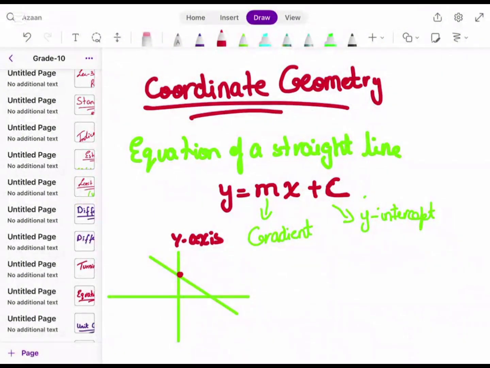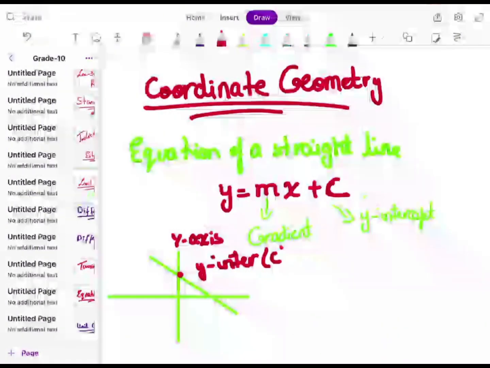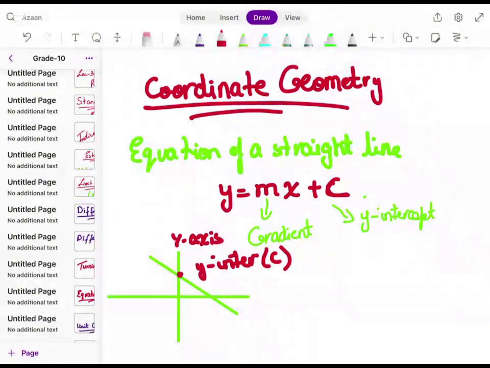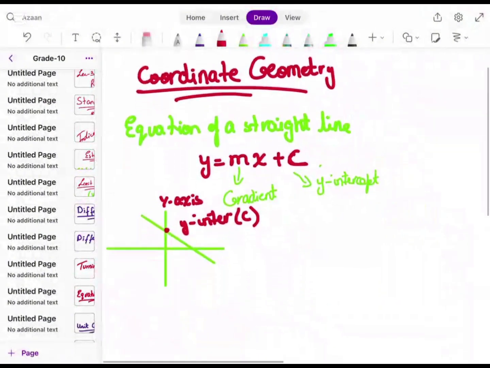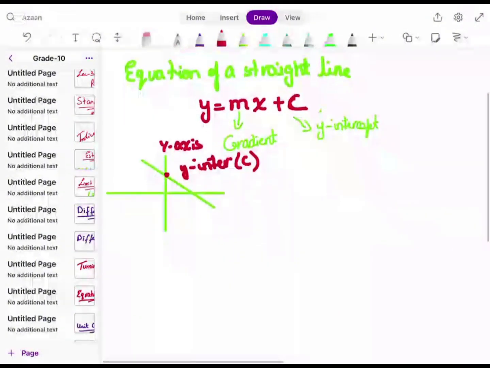This is known as the y-intercept, and it is denoted by c. Okay, understand? Yes. Okay.